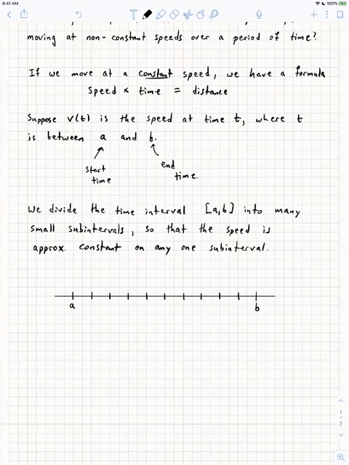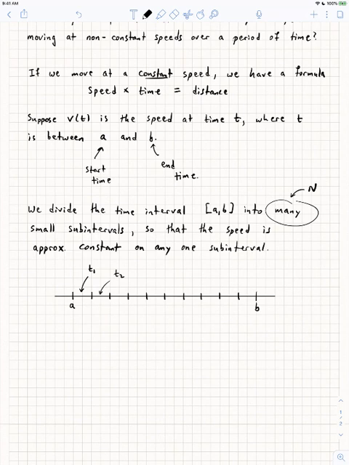over that interval. So for example, in my first interval here, I'm going to choose some time t1. So t1 is in the first interval. And then I'm going to pick some time t2 in the second interval, and so on. I'm going to divide this interval into n subintervals. So when I say many, I mean n, capital N subintervals.